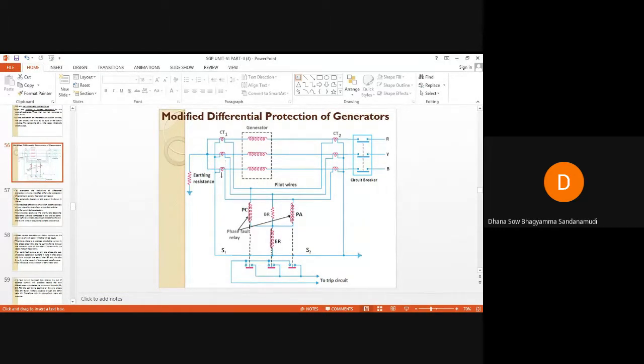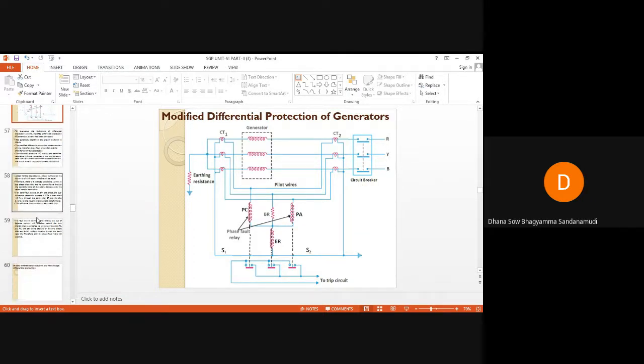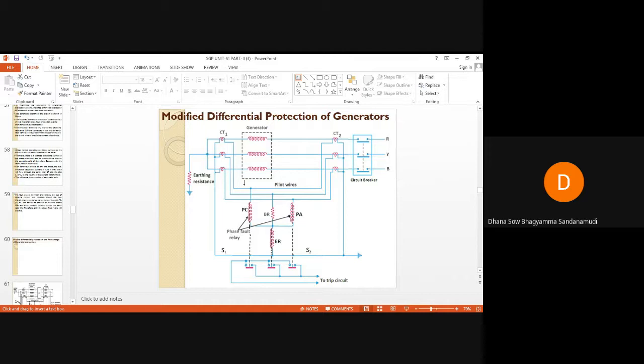Since the EMFs induced across the secondaries of the CTs are no longer the same, the currents flowing through the pilot wires will no longer be the same, and hence differential current will flow through these phase fault relays. When differential current flows through the phase fault relays, the trip circuit is closed and the circuit breaker opens. So this is the modified differential protection of the generator.